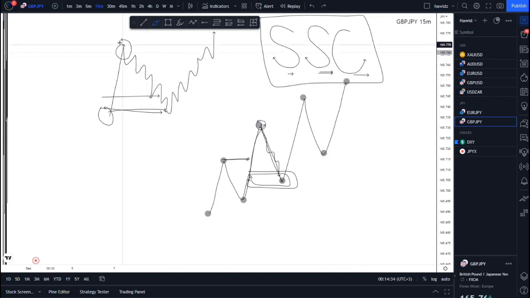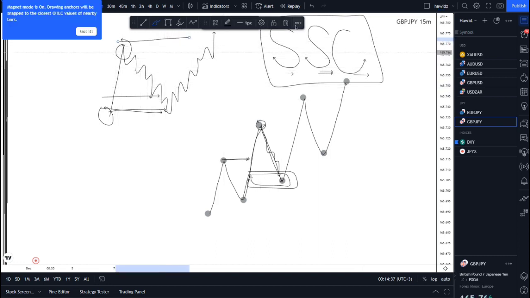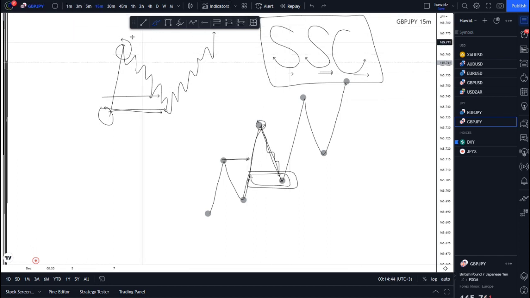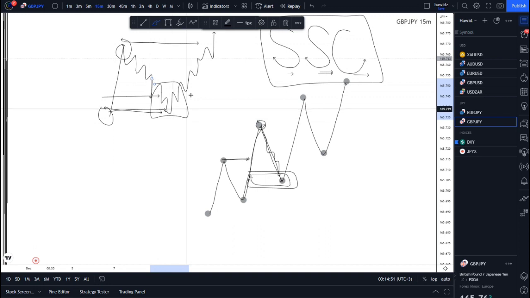So having this schematic here put into place, we now have our structural impulse check via this breaker structure. Price from this low has managed to form what?